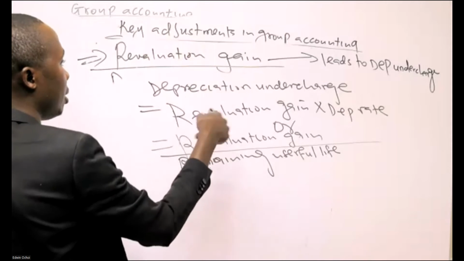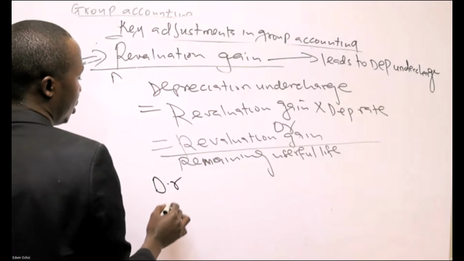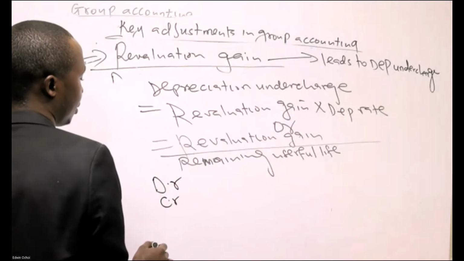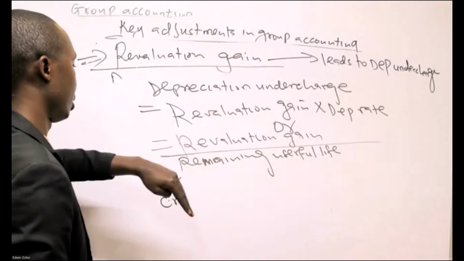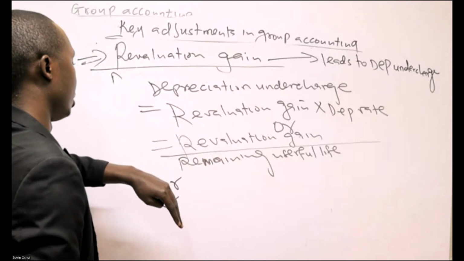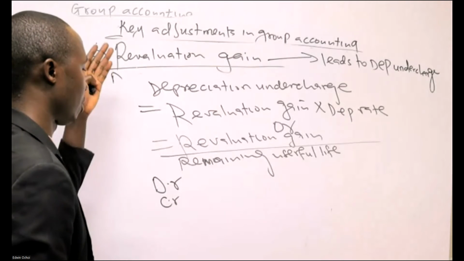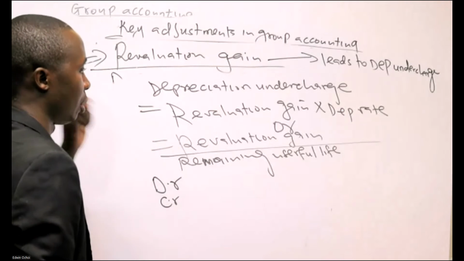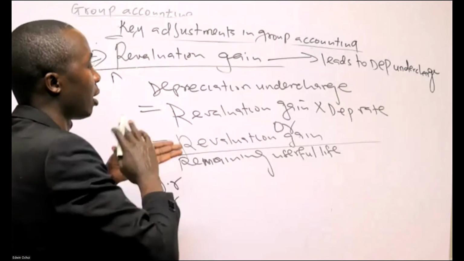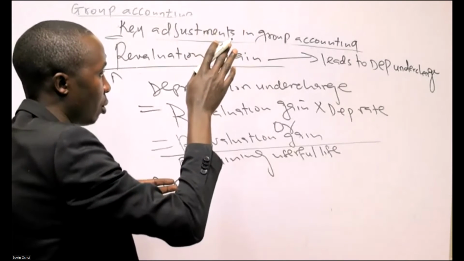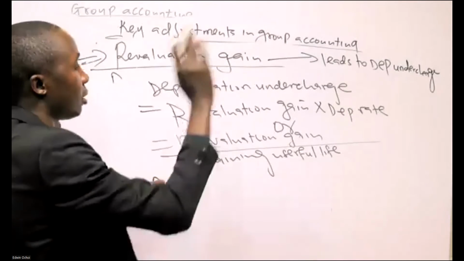Then where do you adjust this depreciation under charge? Where are you supposed to debit and where to credit? If you did a depreciation under charge, it means that the value of the asset was more and your profit was more, so both of them were overstated.